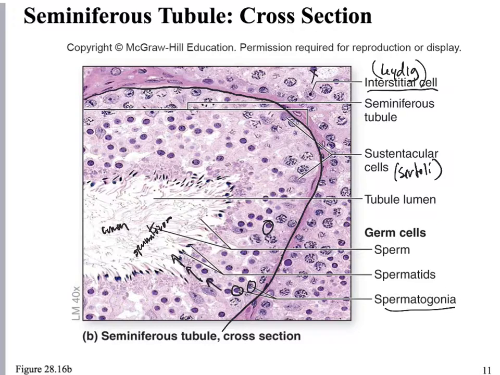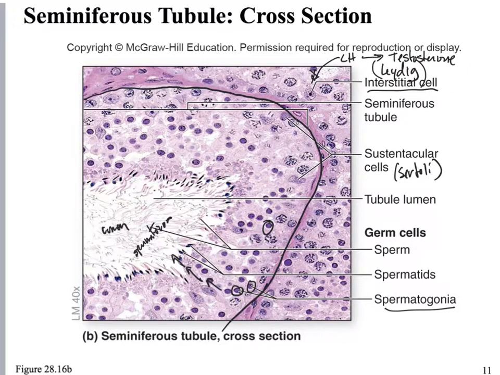They are not within the seminiferous tubules, they're outside. But they are targeted by LH, and what they do is produce testosterone. Testosterone is necessary for spermatogenesis to occur.